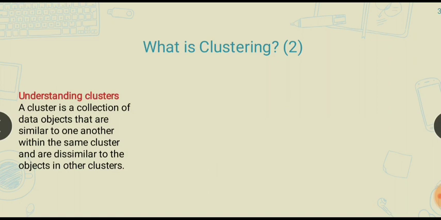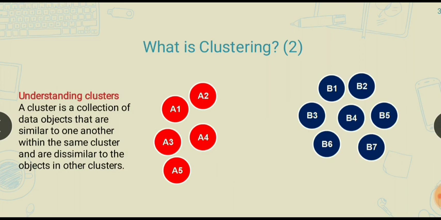Understanding clusters. A cluster is a collection of data objects that are similar to one another within the same cluster and are dissimilar to objects in other clusters. So what do we mean by that? Here I have two clusters.